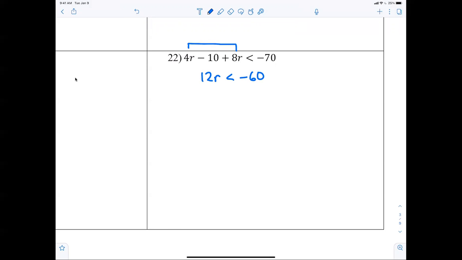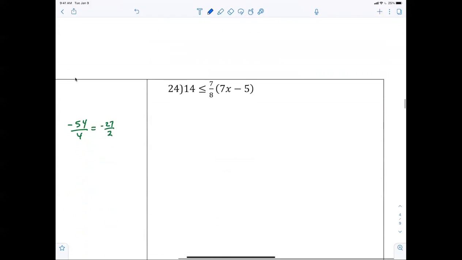Getting better with numbers, combining and moving in one step. Anybody have any issues? Now, R is less than what? -5. So again, negative infinity to -5. Everybody good?